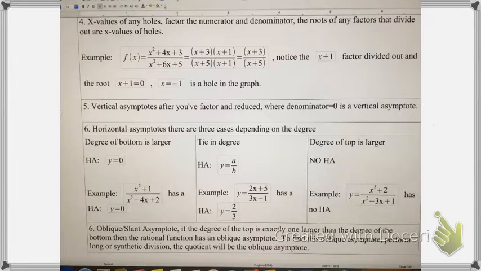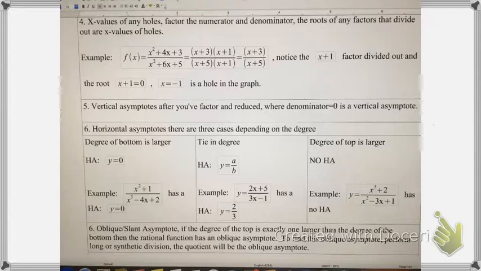You have f of x is equal to x squared plus 4x plus 3 over x squared plus 6x plus 5. We can factor the top and get x plus 3, x plus 1, and factor the denominator and we get x plus 5 and x plus 1. So we have a common factor of x plus 1, and that's going to divide out, and the root of that factor, x plus 1, is minus 1, and that's going to be a hole in the graph.